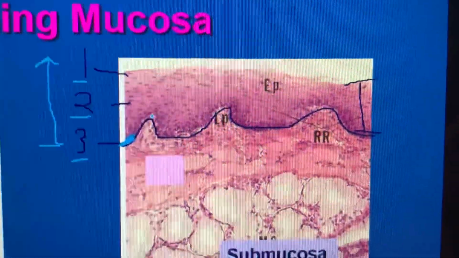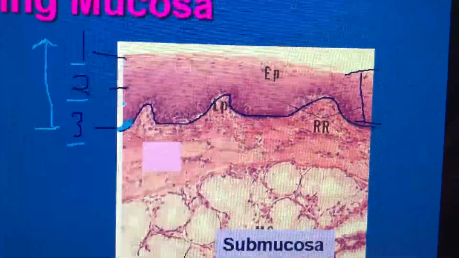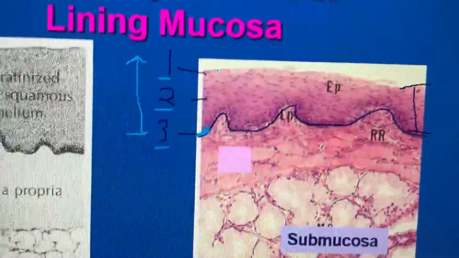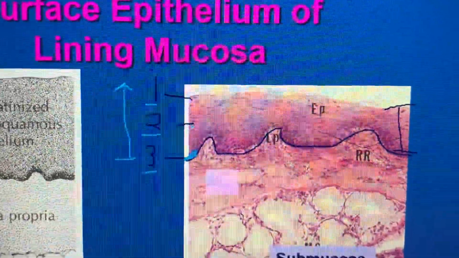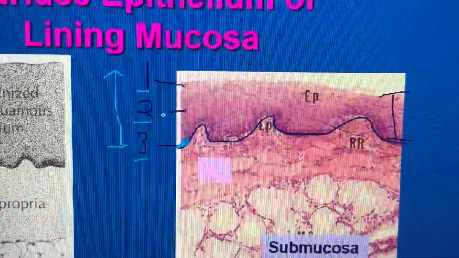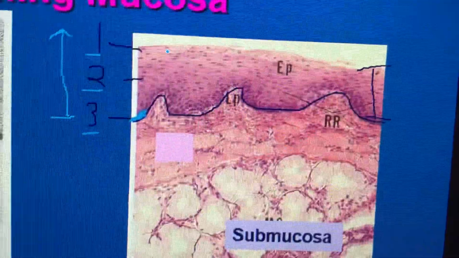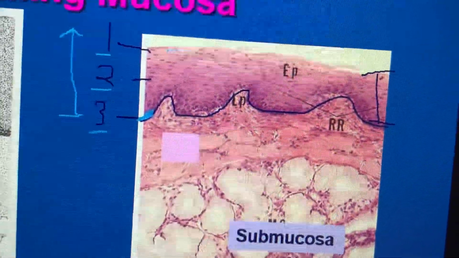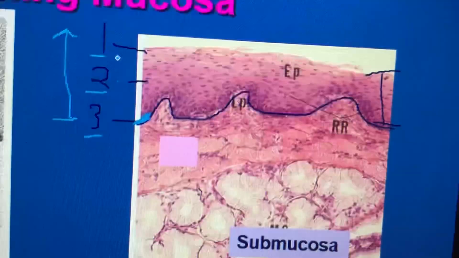No, because remember in non-keratinized, there's not keratin at the surface, so there's no granular layer, there's no cornified layer. Number 1 would be superficial, number 2 would be intermediate. Okay, excellent. So notice there are nuclei at the top, but there's no keratin there. So just make sure you can see the difference.